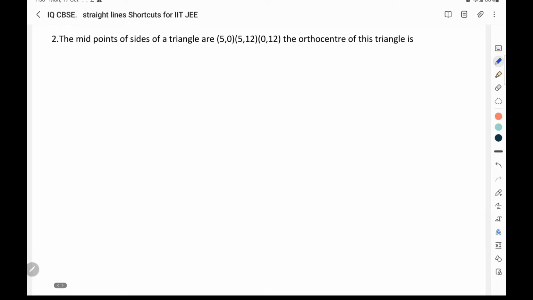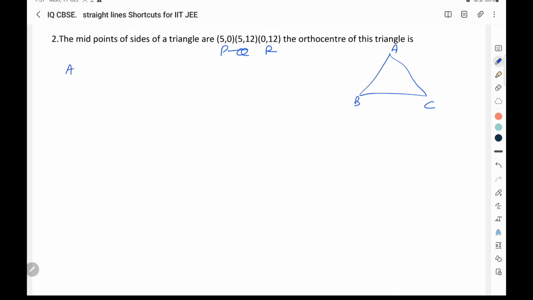Similar model. But here the question is not to find the sides but the orthocenter of this triangle. We need the orthocenter of this triangle. So here, just like before, we call this P, Q and R and we'll start by finding ABC first.